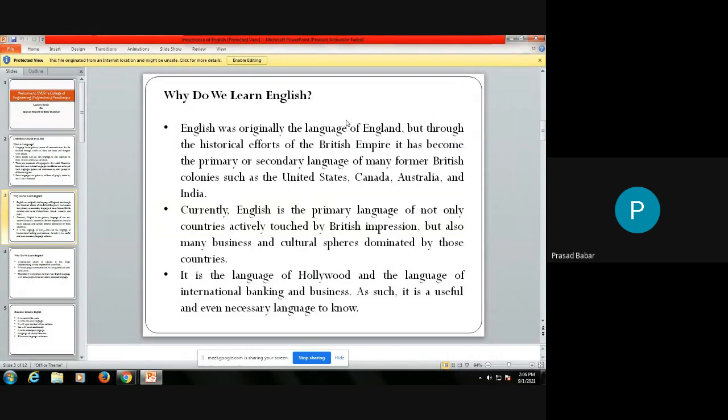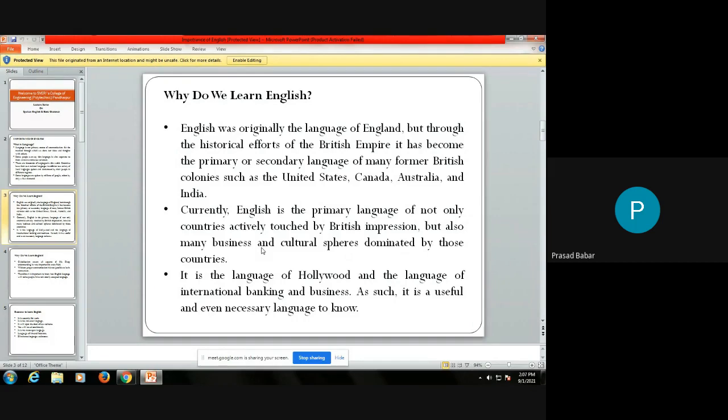Okay, so to make ease in the administrative work, they started teaching their language to Indian people, and that is why English came to India.